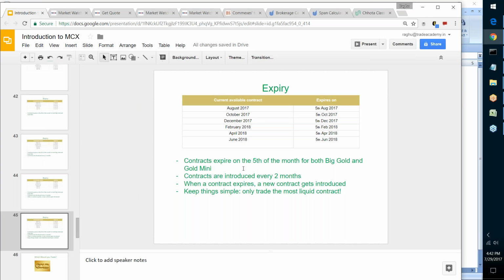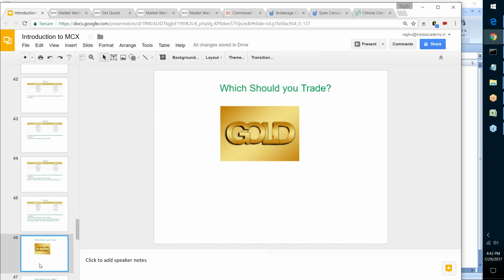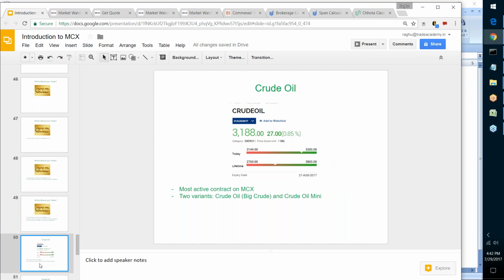The contract gets introduced. For example, on the 5th of August, the next contract will be introduced, and there are 6 contracts that are always in circulation. All right? Okay, let's move forward.